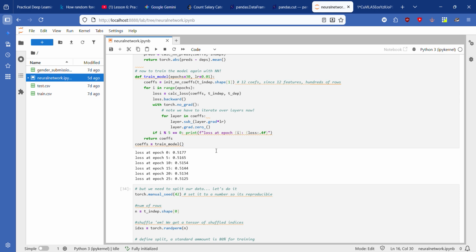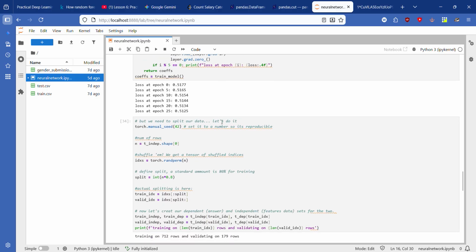We're not just doing everything in one go per epoch, but in addition to looping through the epochs, we now are looping through each layer, finding the gradient for that layer, applying our learning rate, and then adjusting the coefficients for the layers that we're working with.